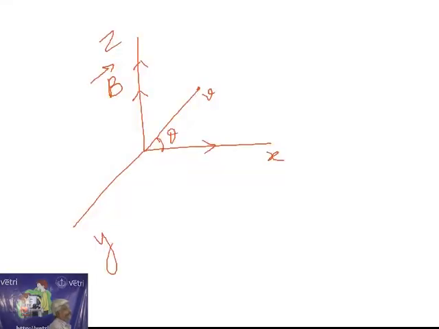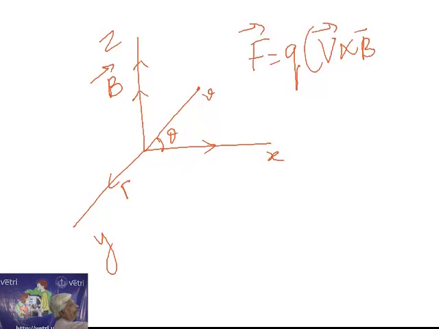So the charged particle moving with velocity V experiences a force. This force is always in this direction. This force is called the Lorentz force. Therefore, the force F is equal to Q into V cross B. Don't forget it, very important force.